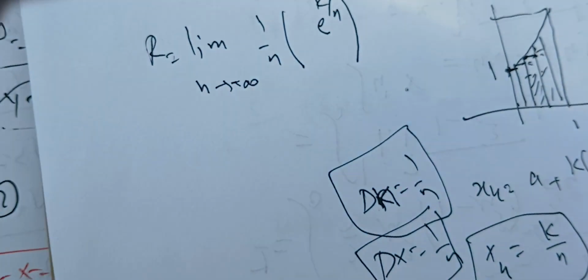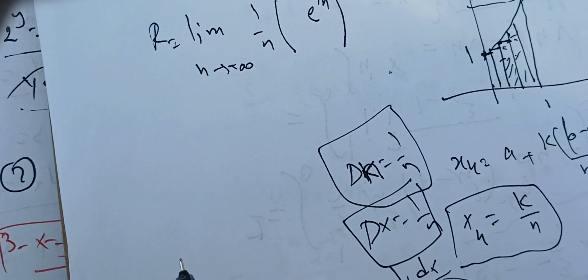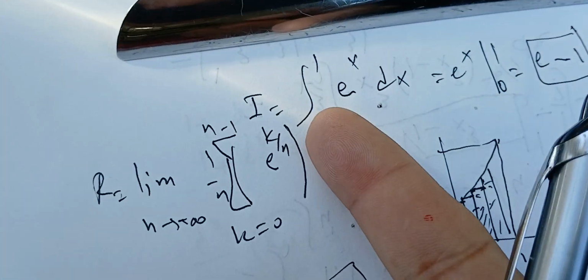So this is the limit. I forgot the sum: k going from 0 to n minus 1, because we are taking the left sums. Let me write it one more time here. R is the limit as n goes to infinity of 1 over n, the sum for k from 0 to n minus 1 of e to the k over n.